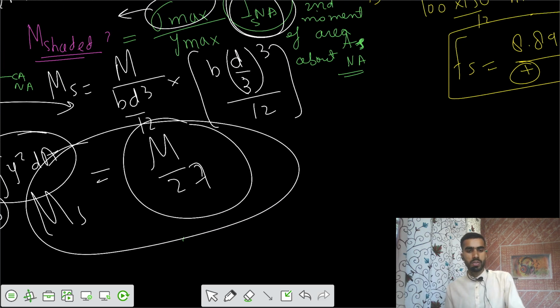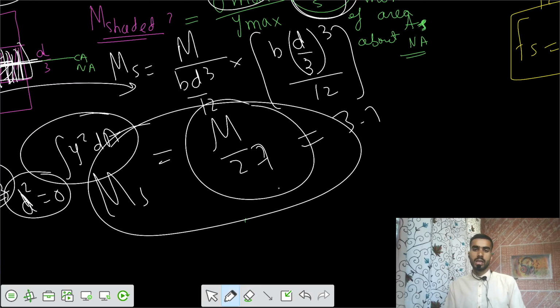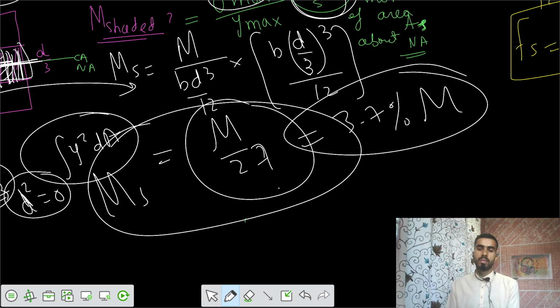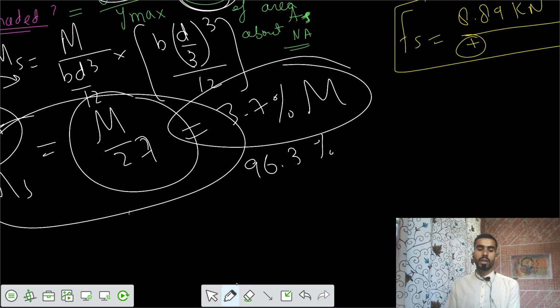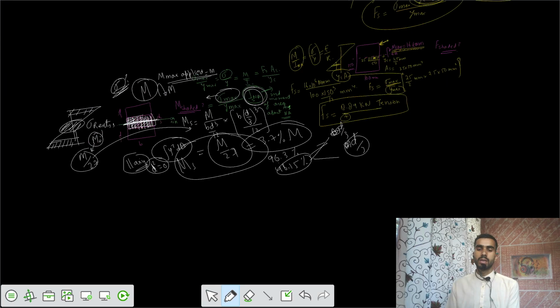If you ask what percentage of the moment they can resist, it's 27 inverse into 100, that's 3.7% of the total M. That means 96.3% is resisted by the other two, top and bottom, each about 48.1%. Did you get this one?